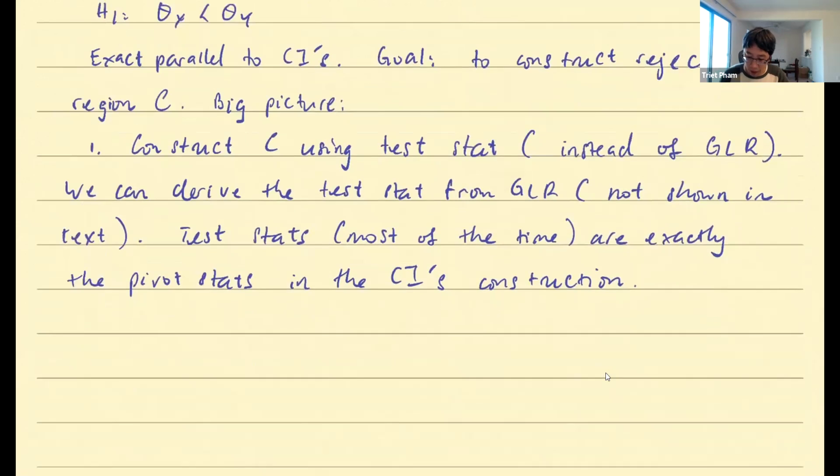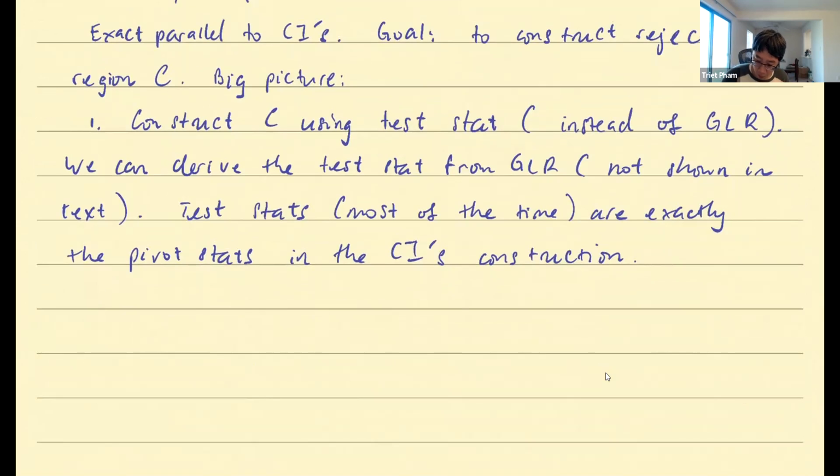So why do we approach the rejection region construction this way? The motivation is because H0 is simple in this setup.